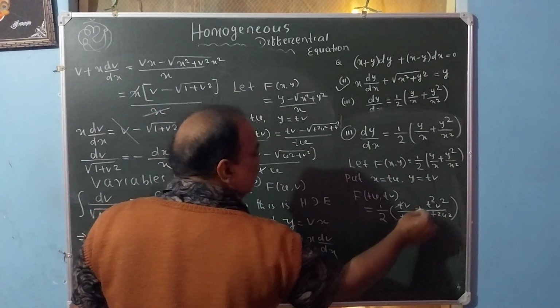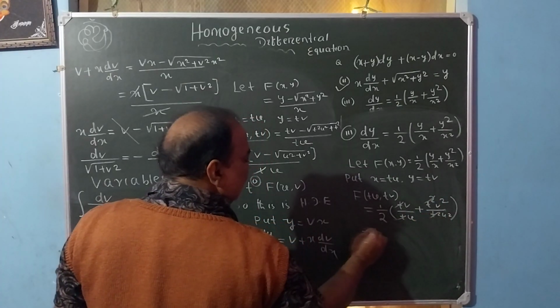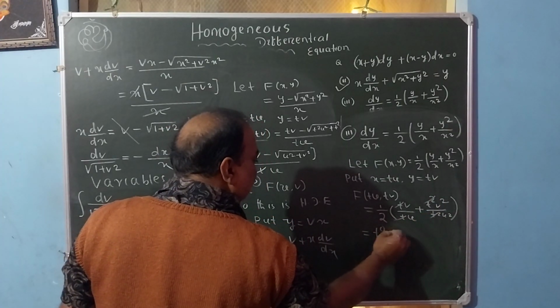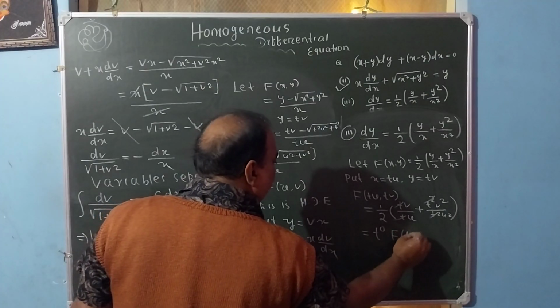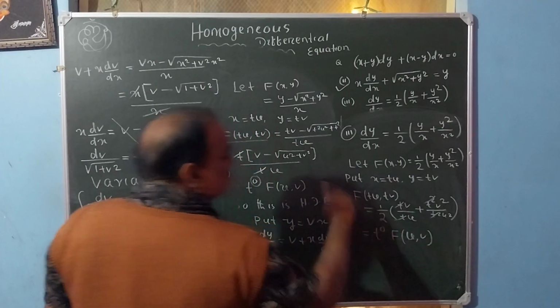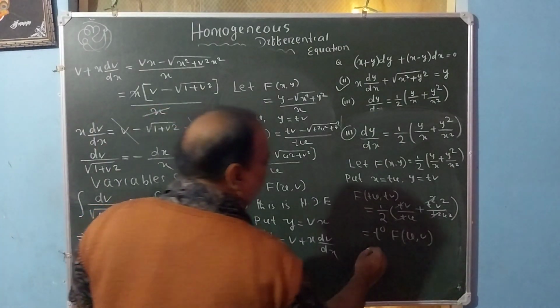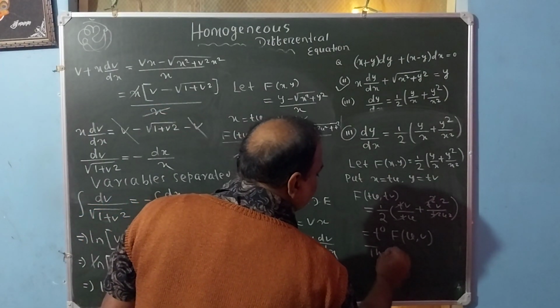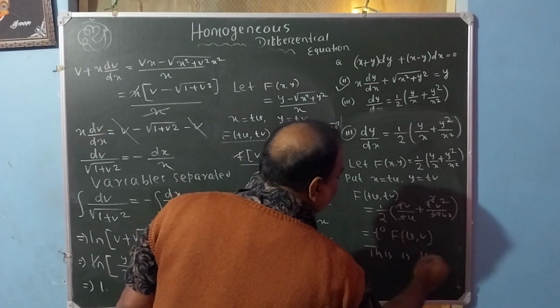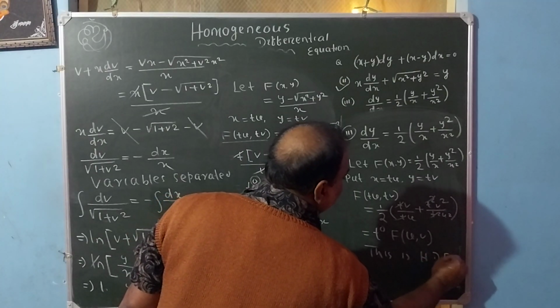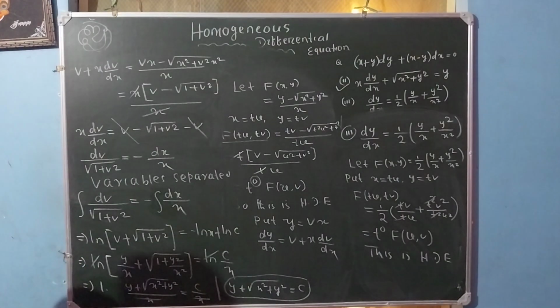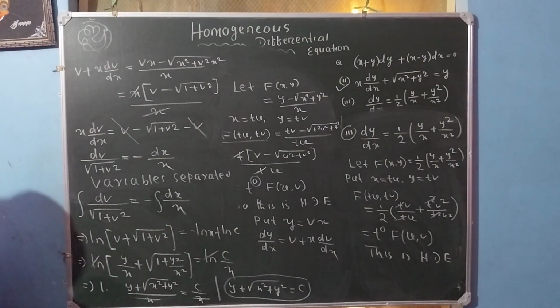T cancelled, t square cancelled. That is t to the power 0 f of u v. So this is a homogeneous differential equation. Write down, this is HDE, a homogeneous differential equation.